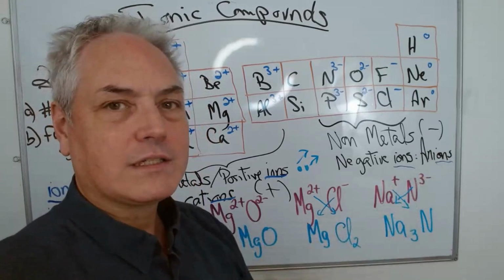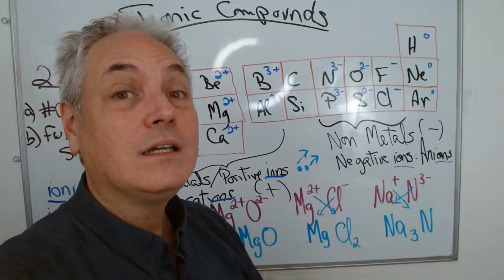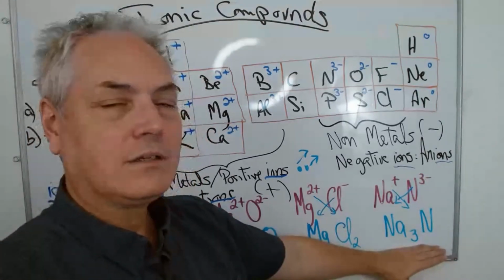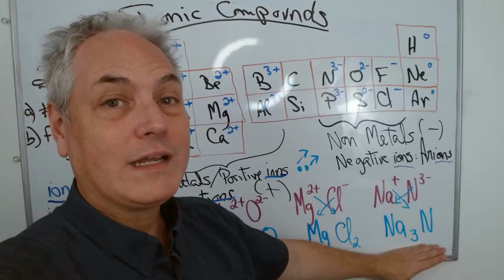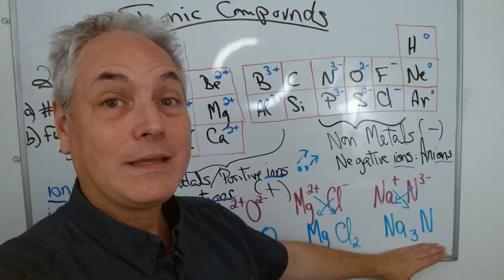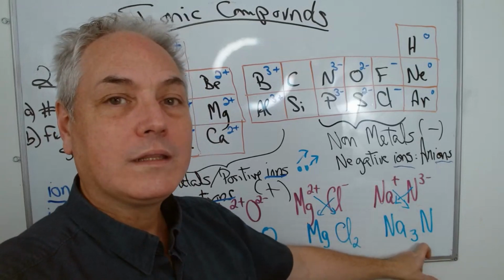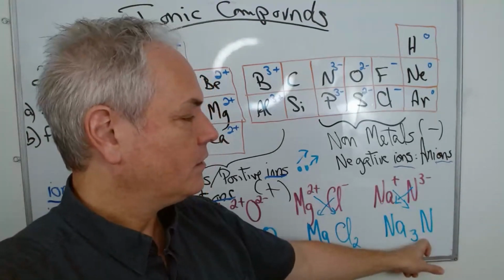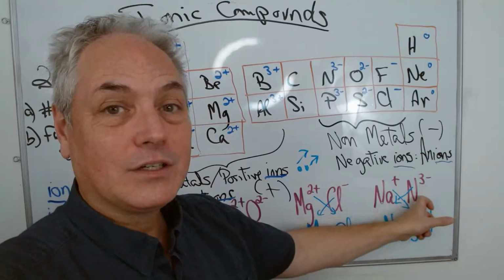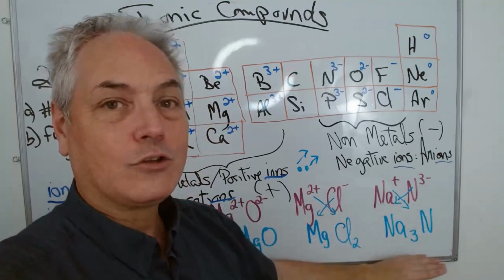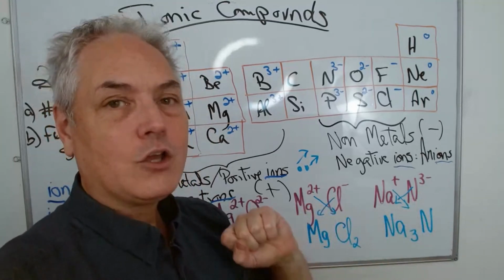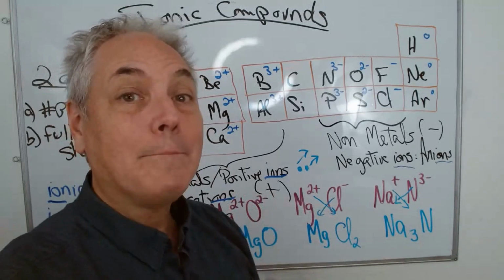And by doing the crisscross like this, it allows us to build the ionic compound. So here, sodium nitride is a great ionic compound because it's made of a metal that is a positively charged ion with nitrogen. Here, that is now a negative ion, and together they create an ionic compound using ionic bonding.